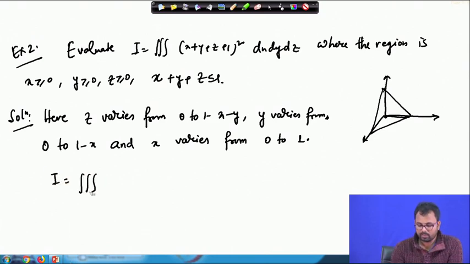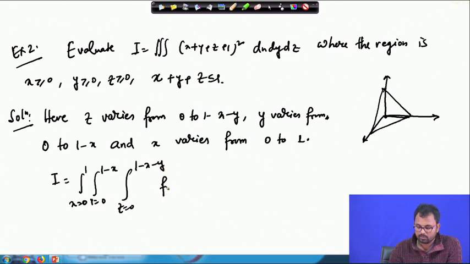So, basically the triple integral, x running from 0 to 1, y running from 0 to 1 minus x, and z running from 0 to 1 minus x minus y.